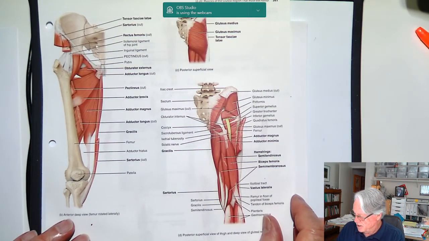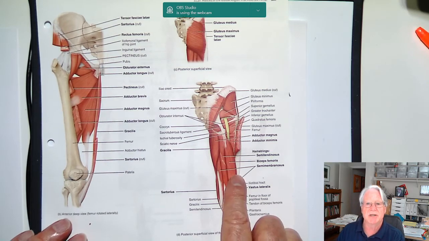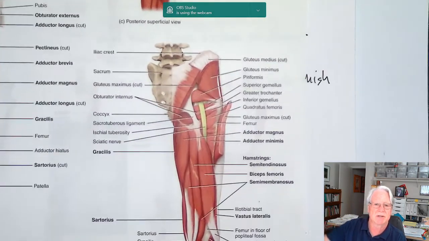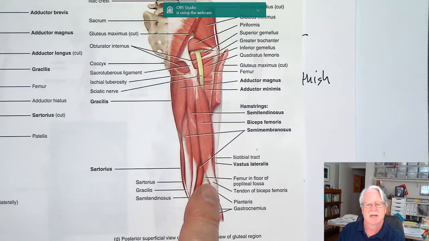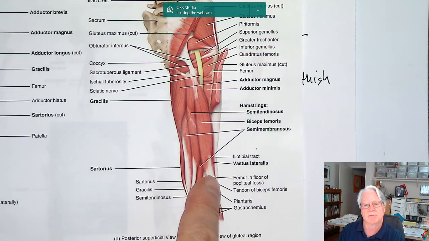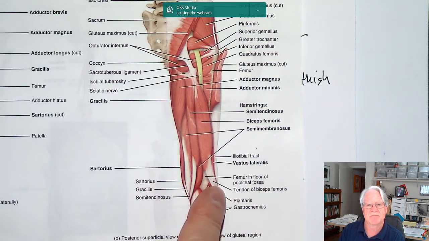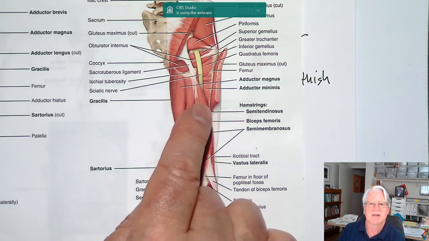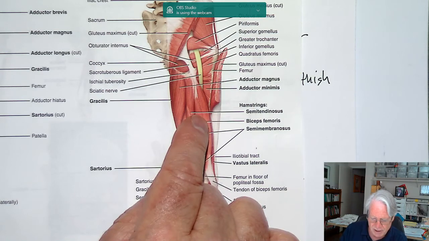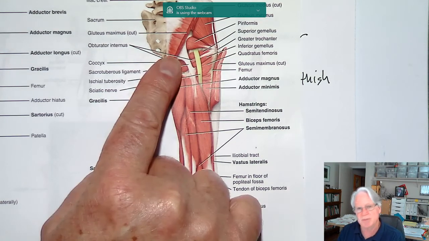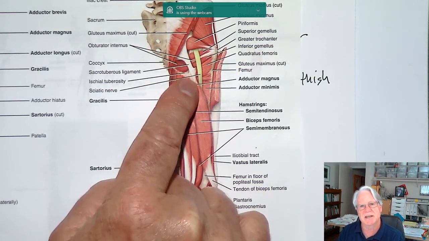Biceps femoris. Here it is right here. Let me shoot in so we can see it close. So we're moving over towards the head of the fibula, which is on the lateral side. And that muscle right there is the biceps femoris. Now the long head is way up here, so we're seeing that connection here.